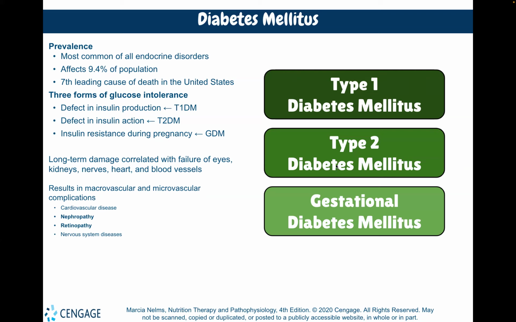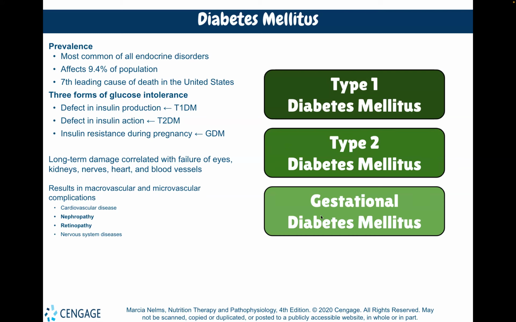With type 2 diabetes, this is a condition that is related to defective insulin receptors, or the shape of the insulin isn't appropriate to be caught by the insulin receptors. So basically, it's insulin resistance. The insulin's not working properly. That's type 2 diabetes.